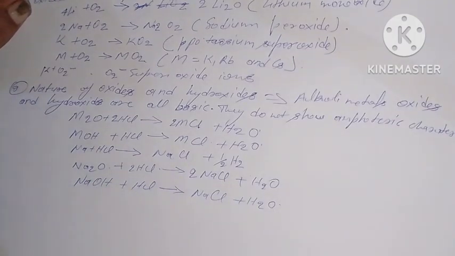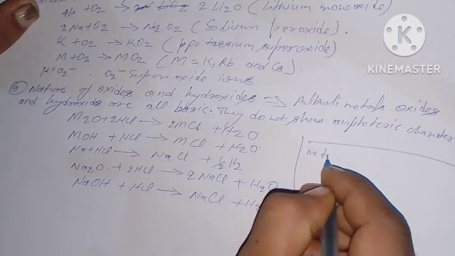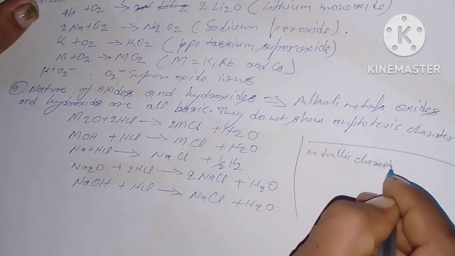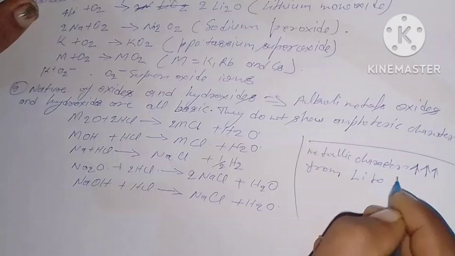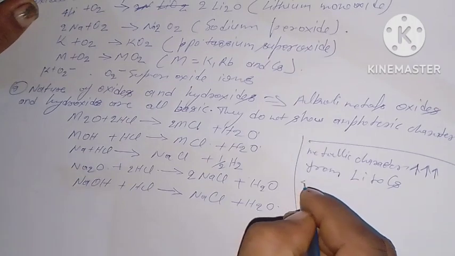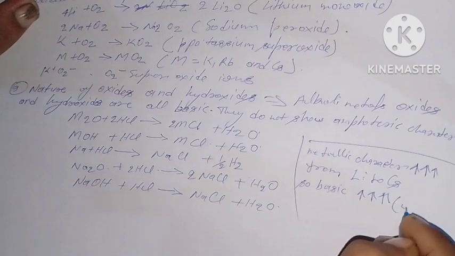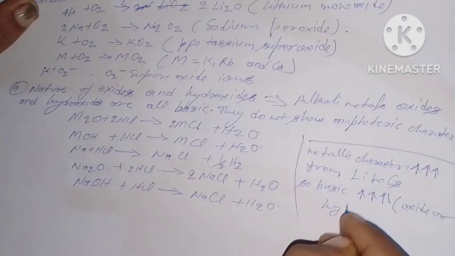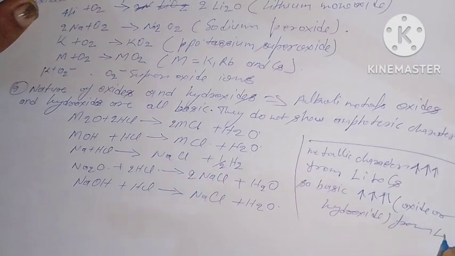The metallic character increases from lithium to cesium, and so the basic character of metal oxides and metal hydroxides increases from lithium to cesium.